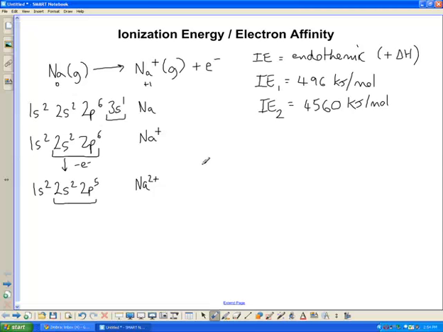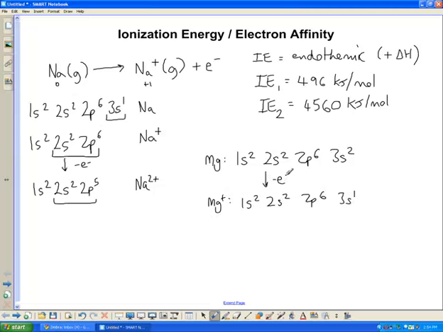If we were to look at, say, magnesium, for example, alright, magnesium has an electron configuration of 1s2, 2s2, 2p6, 3s2. This s orbital here is full. So removing one electron to go to Mg+, in other words, an electron configuration that looks like this, well, that's going to be much higher here for magnesium than it is for sodium.